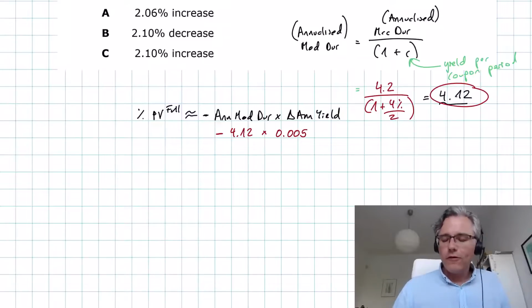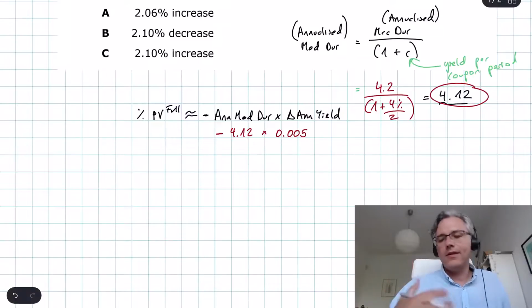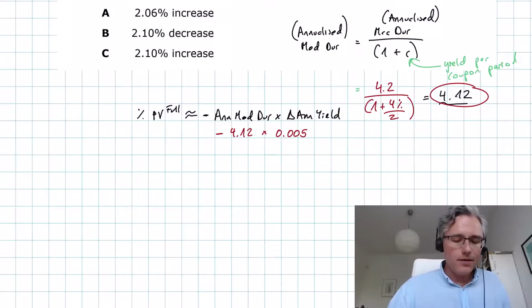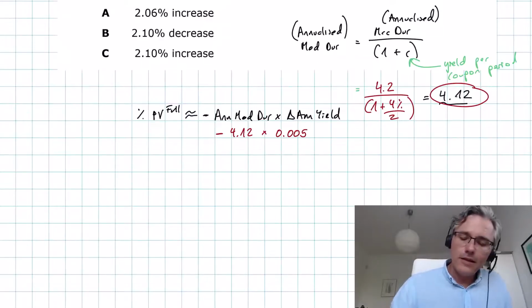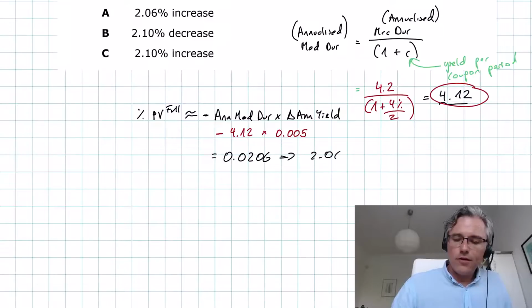Although you could do it differently, you could do it as 0.5 and just remember that this is done in the relevant units. So 4.12 times 0.005 of course gives 0.0206. So 2.06%.